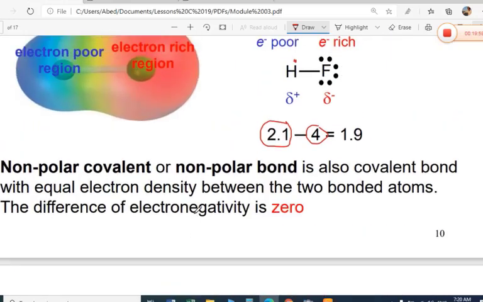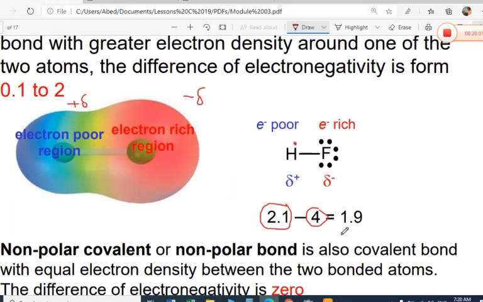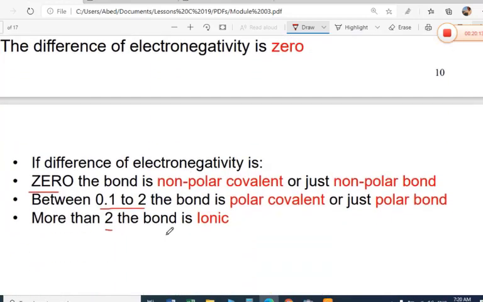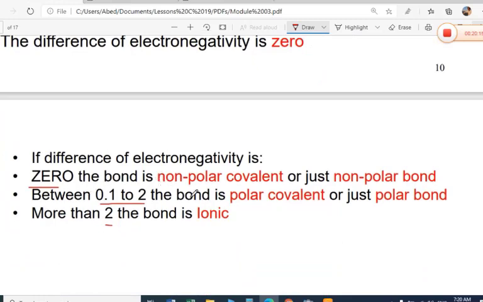See here this is the calculation: 2.1 minus 4, the answer could be minus 1.9, but we don't use minus and plus here, just the numbers. Okay, the main thing is to remember the rules to decide which one is ionic and which one is polar.